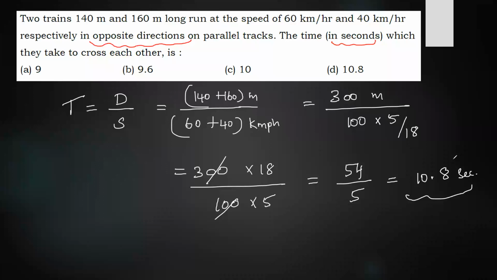Divide it, you will get 3 into 18 by 5, so 54 by 5, definitely 10 point something. 10.8 is the only option.